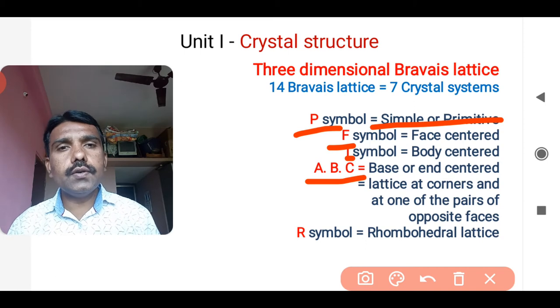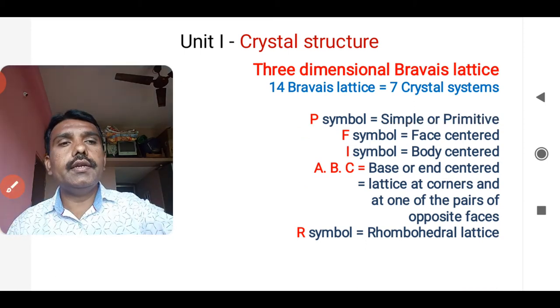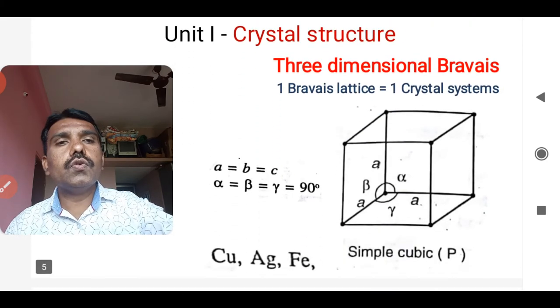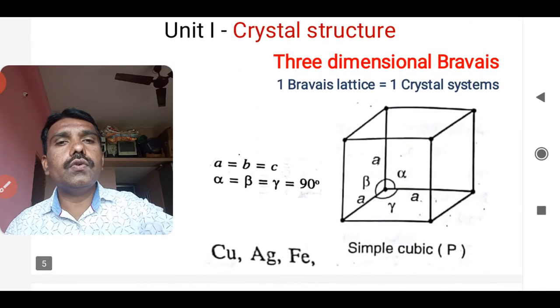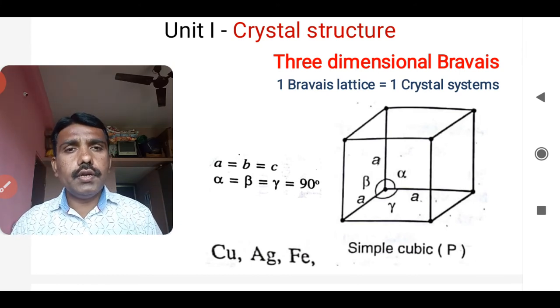Now let's see what the 14 Bravais lattices are, and in detail what information they give us.